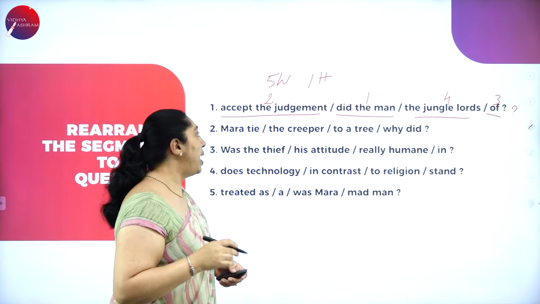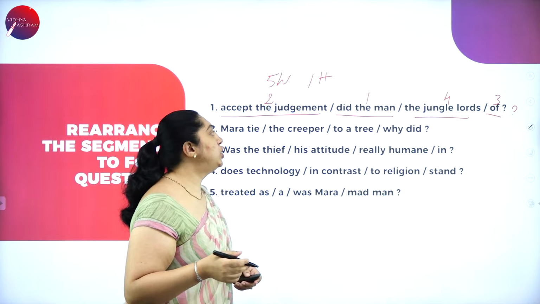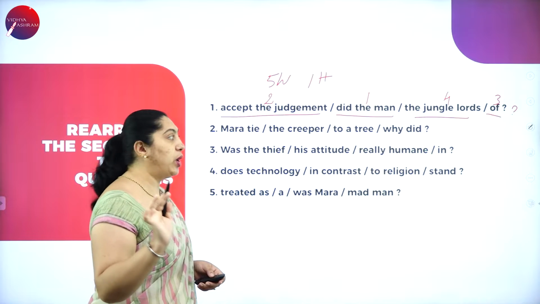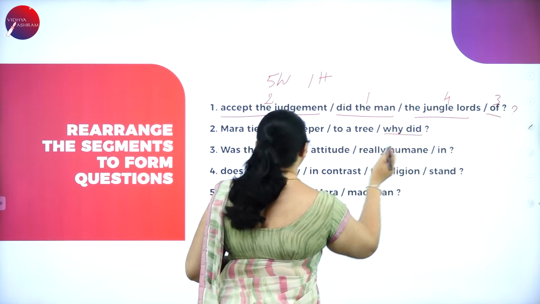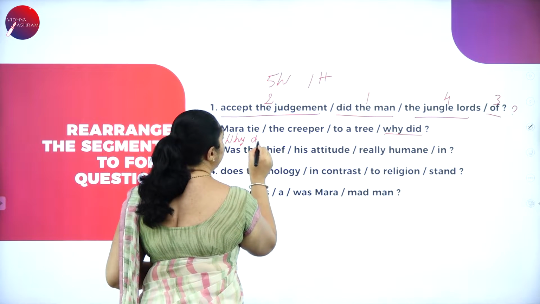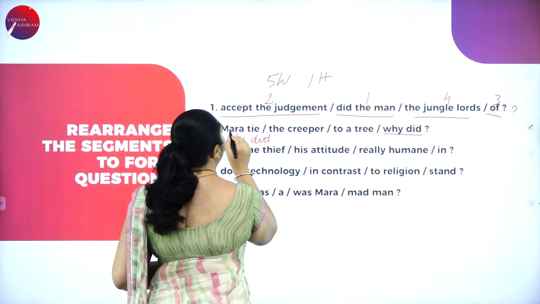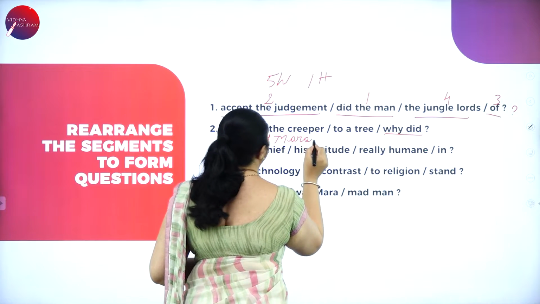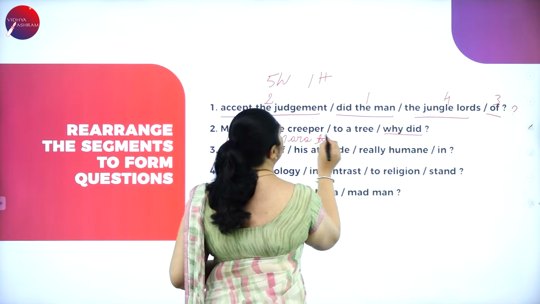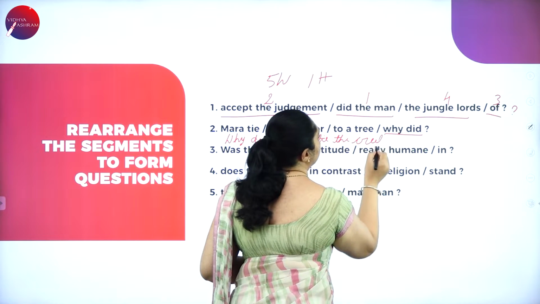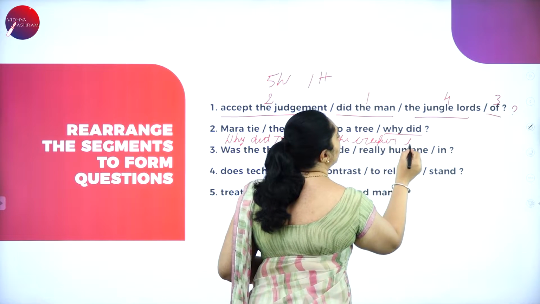Next one. Mara tied a creeper to a tree. Why did? As I told, 5 WH. So you have it here. Why did Mara tie the creeper to a tree?